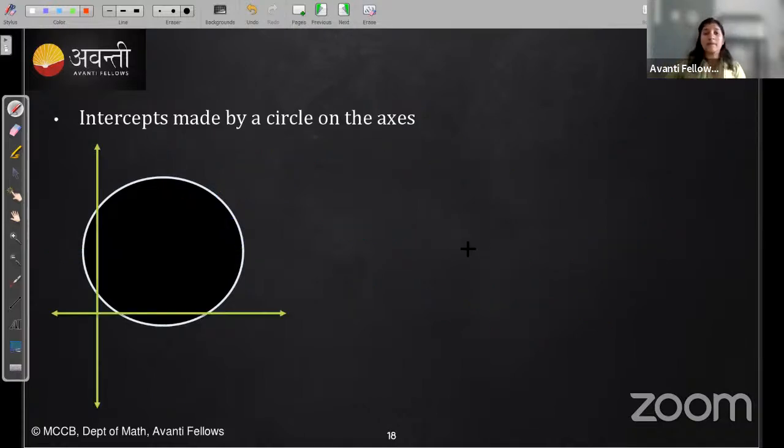Next is intercepts made by a circle on the axis. What will be the value of the intercept made by the circle on the axis? What actually is an intercept? An intercept is the value where a given curve cuts the respective axis. If it cuts the x-axis, we call that the x-intercept value.